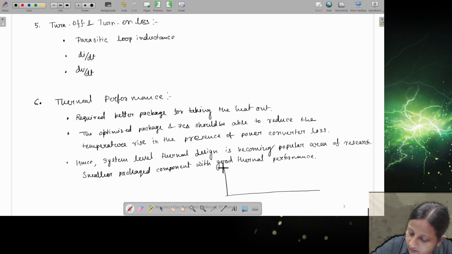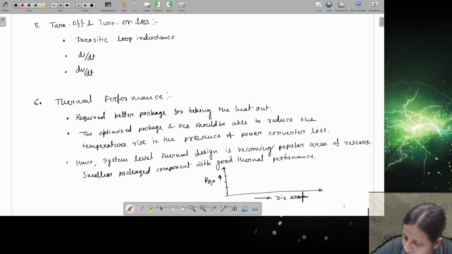Generally the thermal performance can be characterized with respect to the thermal resistance. You can see thermal resistance, if it is junction to ambient thermal resistance of any system like a device, it is increasing like this, and then the die area is increasing in this direction.